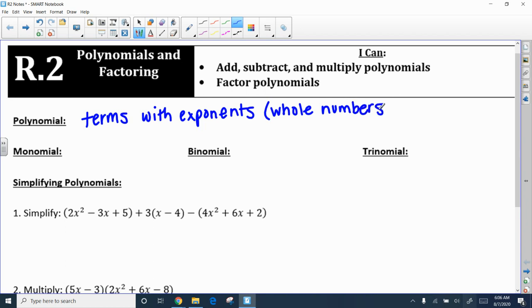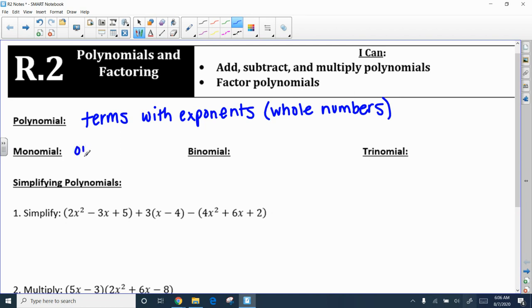So we wouldn't have any negative exponents or fraction exponents on polynomials. We might see things like x squared, x cubed, x to the fourth. So we have a lot of terms with exponents, but the thing that makes it a polynomial is that the exponents are whole numbers.